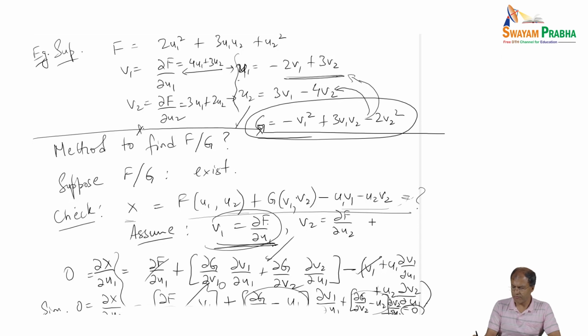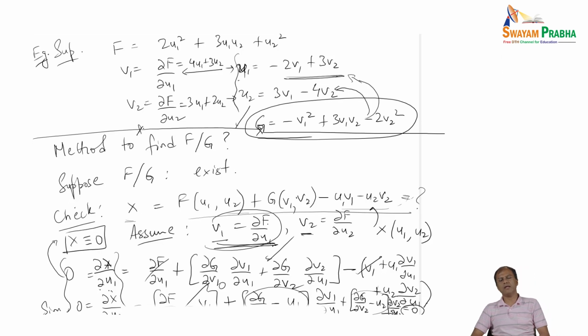So essentially x was originally a function of only u1 and u2, because v1 and v2 were completely functions of u1 and u2 via f. Now the partial derivative of x with u1 is 0 and with u2 also is 0. Both the derivatives are 0 and there are only two variables in x. So x is identically 0. That is the only possibility.